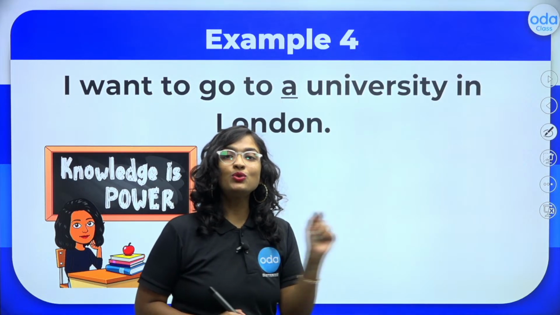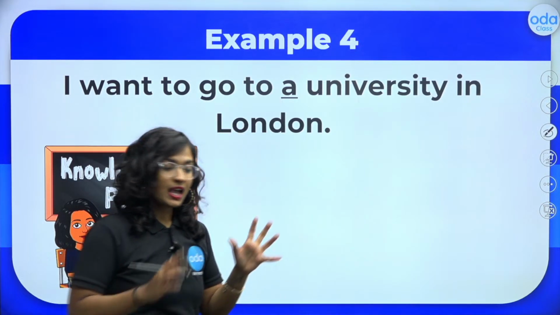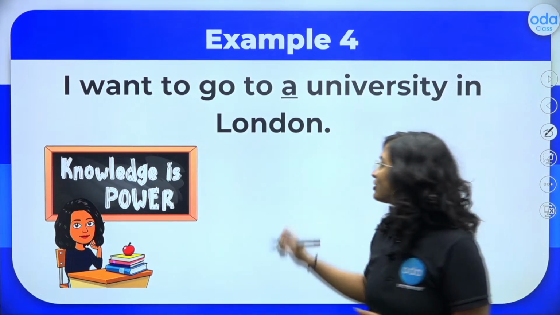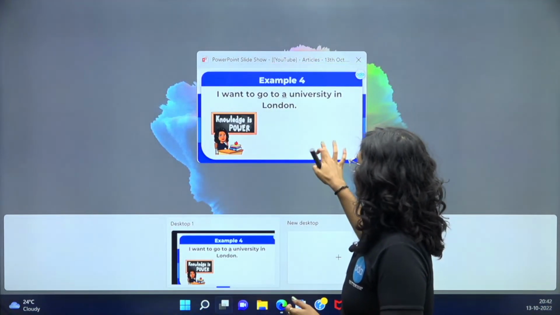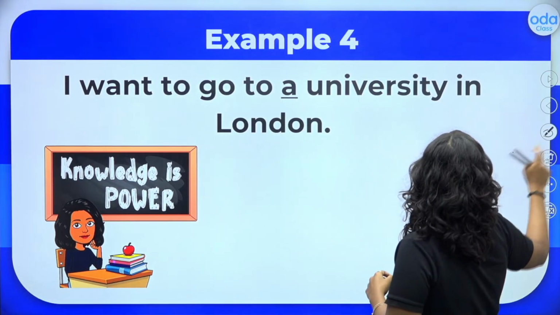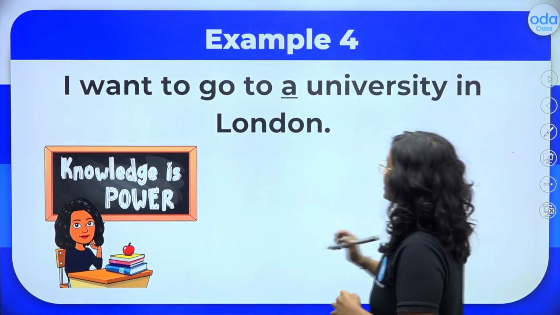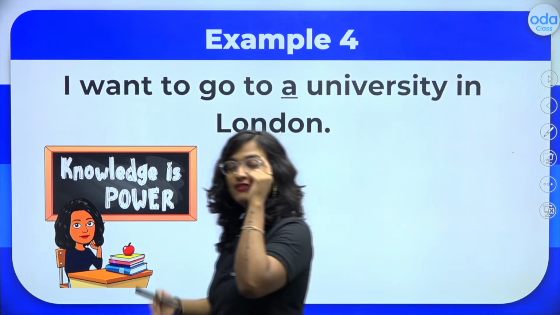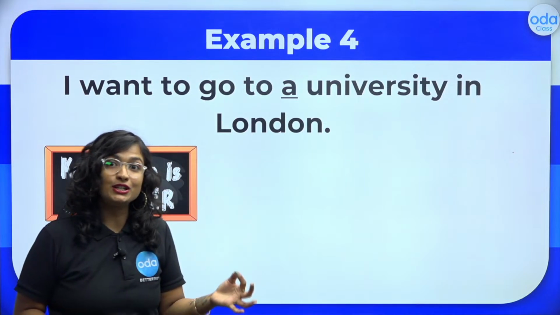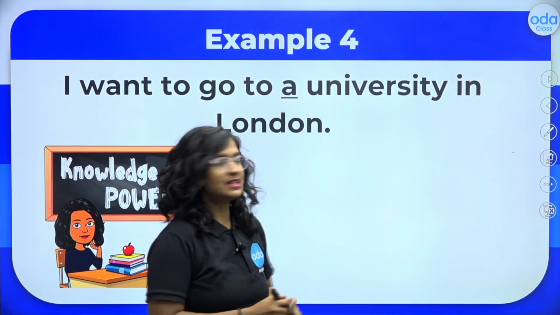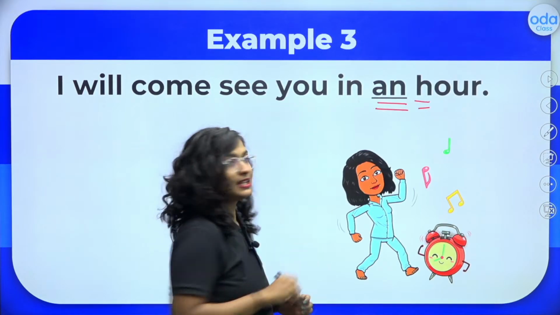Yellow, university. I think, and this is true, the first sound in both of these words is the yuh sound, right? So the first sound, students, in both of our words, university and yellow, is yuh, which is a consonant sound. So that is why here, kids, we need to use our article a.